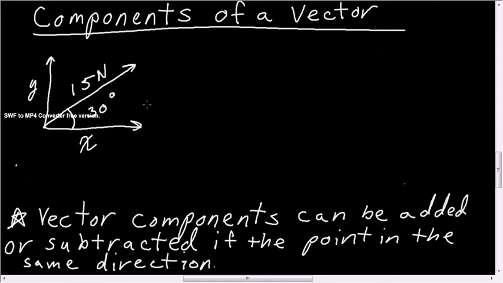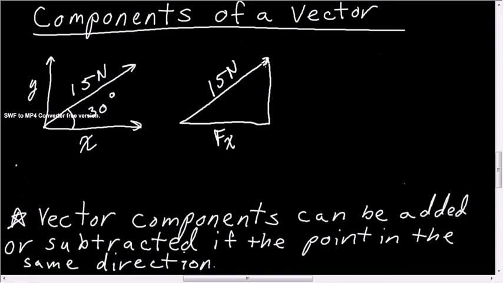So this vector, if we pull it out, I could think of it as being made of a force in the x direction added to a force in the y direction. And this force in the x direction and this force in the y direction are the vector's components.